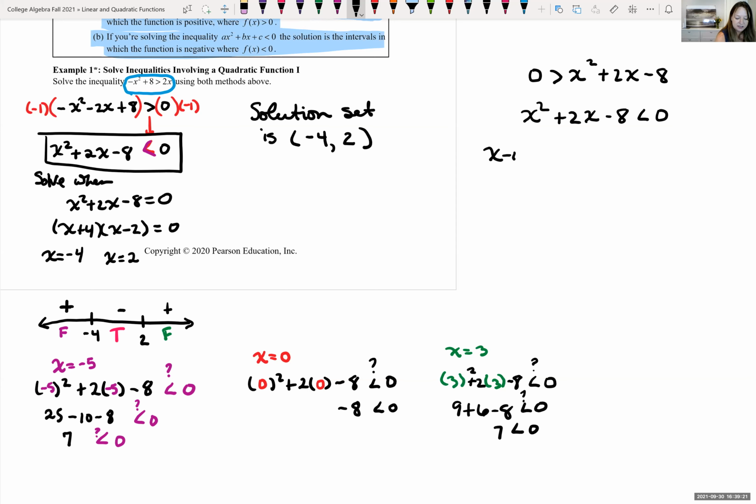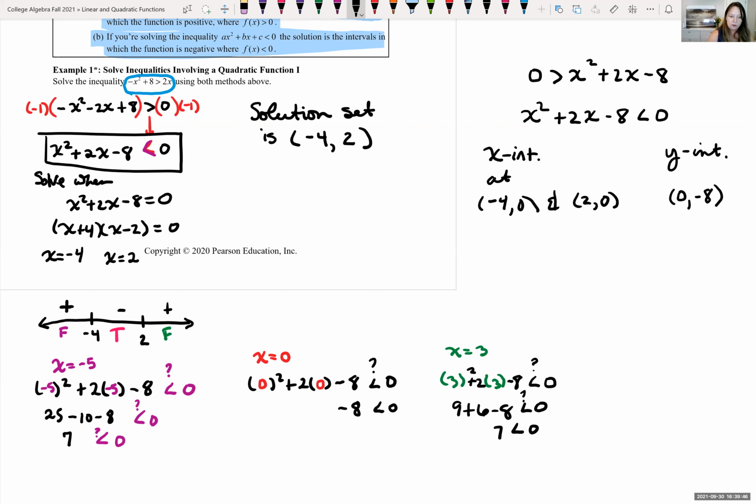And so we have x-intercepts at the points -4, 0 and at x equals 2, so 2, 0. We can see what our y-intercept is. Our y-intercept is at -8, so 0, -8, plugging in 0 for x.